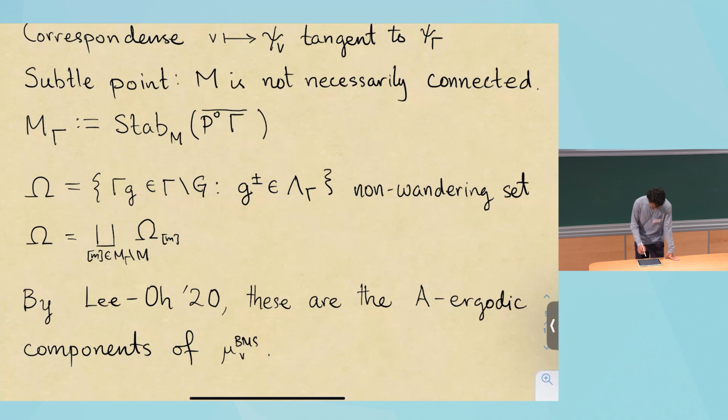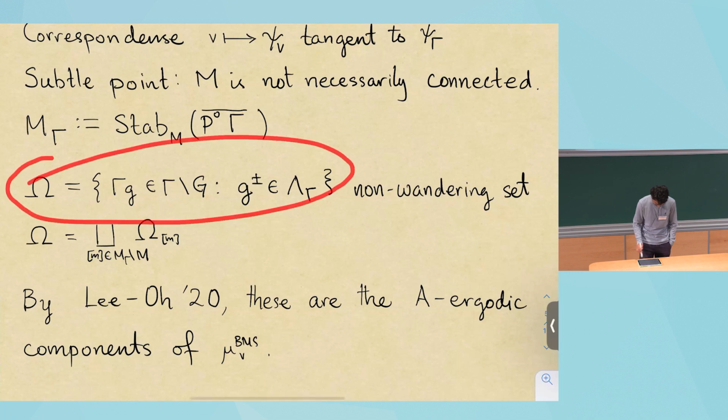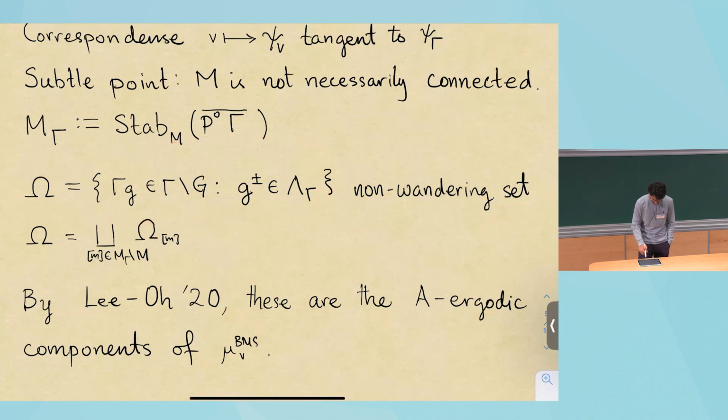Well, the issue is if you flow along a_tv, then you would like it to see the whole non-wandering set. The non-wandering set is Omega, defined as the set of gamma g, a point in G mod gamma, such that g plus and g minus are in the limit set.